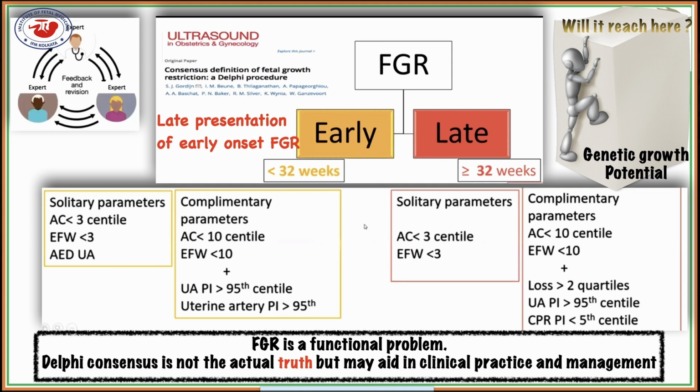Suppose I get a case at 32 or 33 weeks, and I say, oh, CPR is abnormal, now I will deliver because this is late onset. But in fact it was actually early onset, with the baby compensating and the ductus normal. So we have to be a little bit judicious also. So do multi-vessel Doppler at every visit.